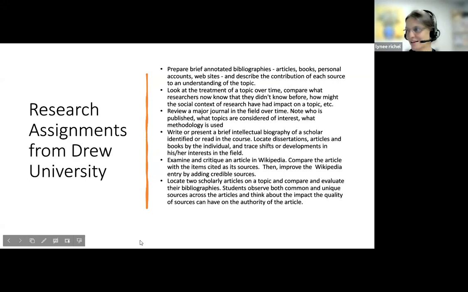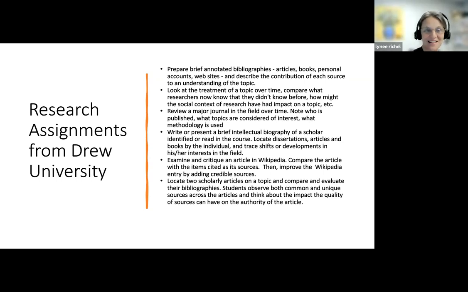So really interesting information. Drew University has also collected some. The first one is one that I've recommended multiple times, where faculty really want students to be able to do research and understand a variety of different types of published materials without having the paper. So this is an annotated bibliography.